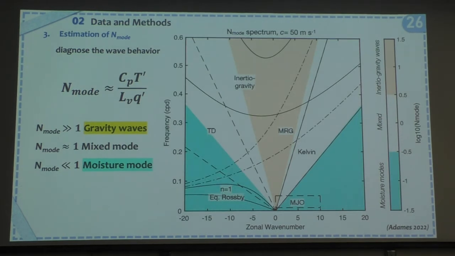This table shows the blue shading means the wave should be a moisture mode, and the yellow shading shows the wave should be a gravity wave mode. So here we can see that some waves should be moisture modes, including the equatorial Rossby wave, tropical depression, and Madden-Julian oscillation.